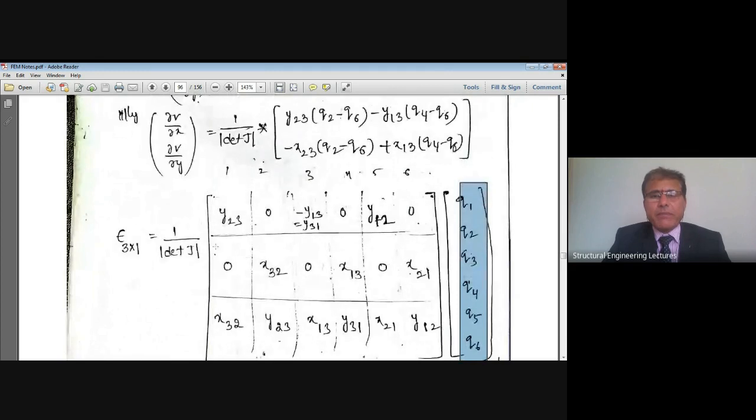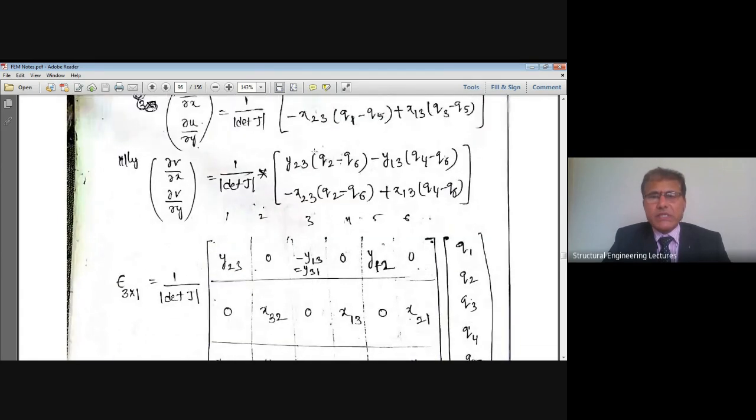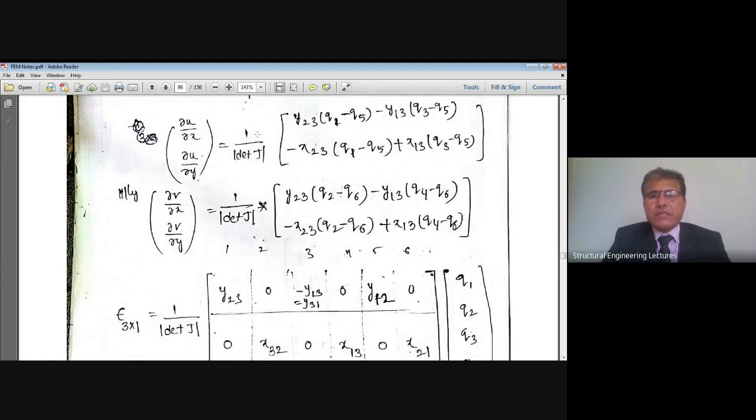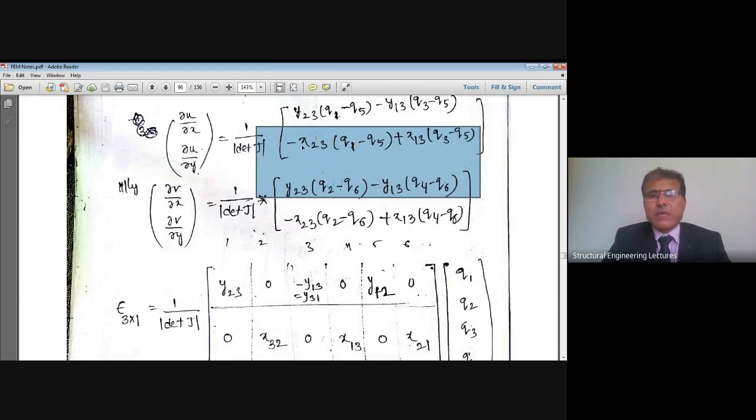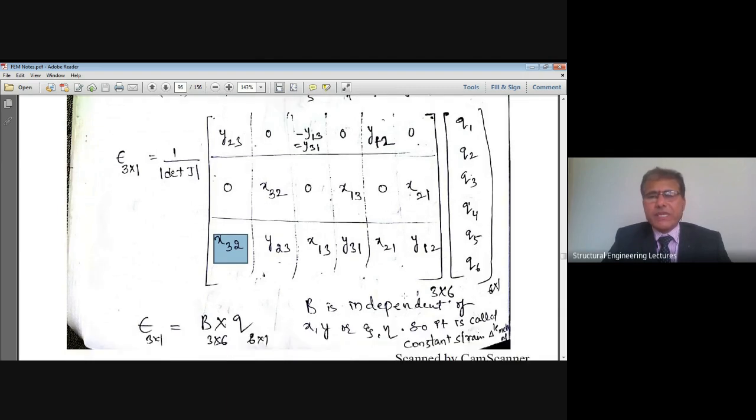Similarly, you do the same for the y direction. Then you'll get this 0 multiplied by q1, x32 multiplied by q2, 0 multiplied by q3, x13 multiplied by q4, 0 multiplied by q5, x21 multiplied by q6. Then you can see here these second and third equations also you recall and put here. Q1 means minus x23, which is nothing but x32. Likewise, you please do it: x32 multiplied by q1, y23 multiplied by q2, x13 multiplied by q3, x31 multiplied by q4, x21 multiplied by q5, x12 multiplied by q6.